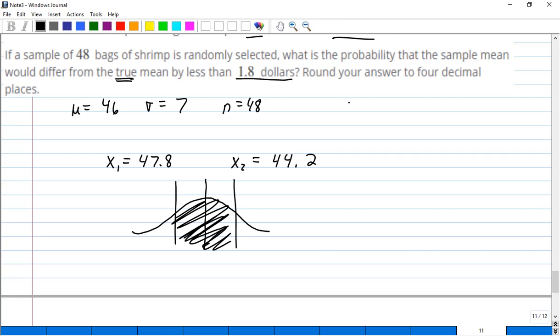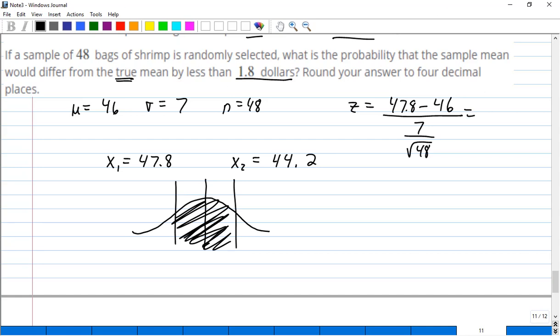Okay, so let's do a quick z-score for each one. So this is going to be 47.8 minus, what was our true mean? 46 over, and I still have to use the new formula, it's sigma divided by the square root of n, and n is 48.